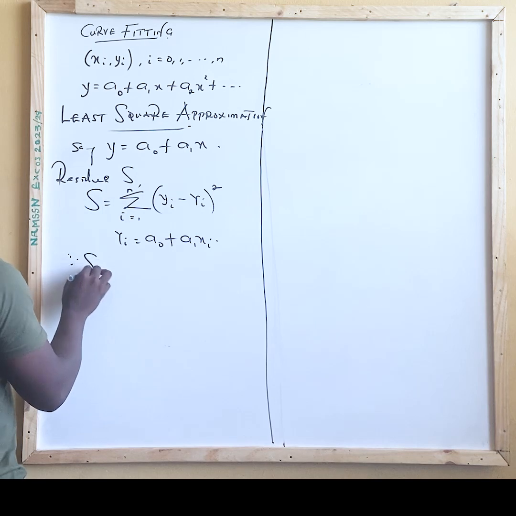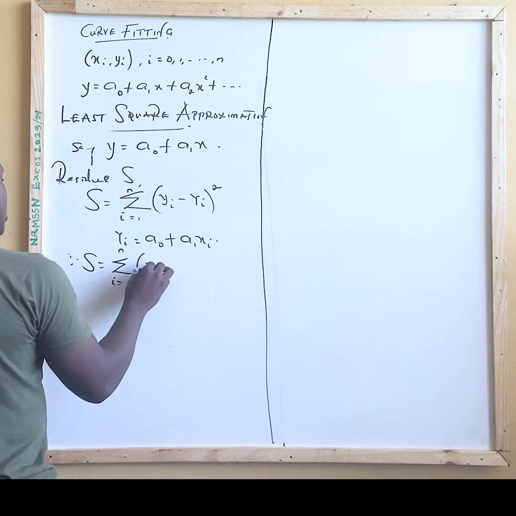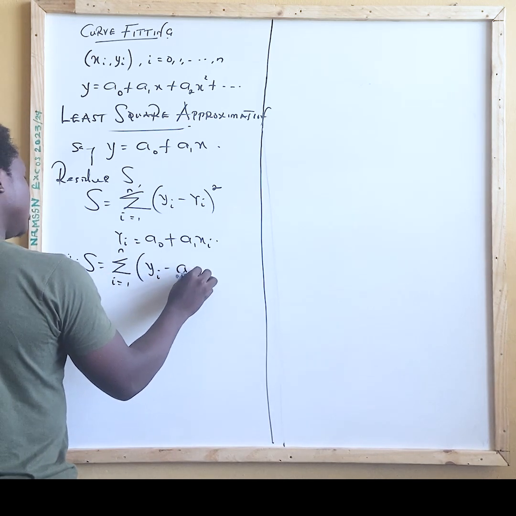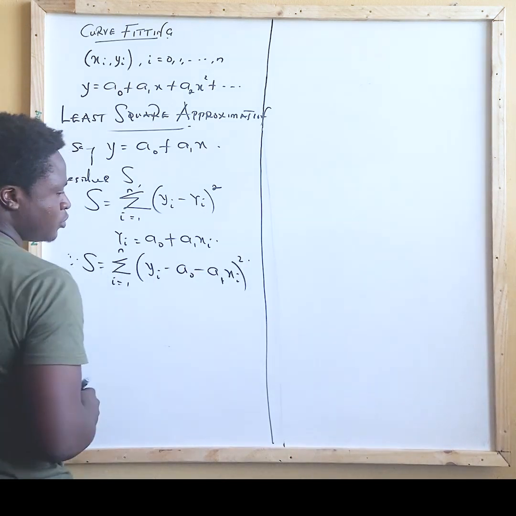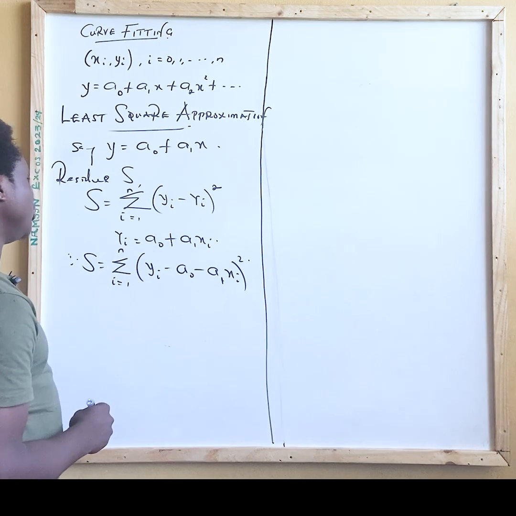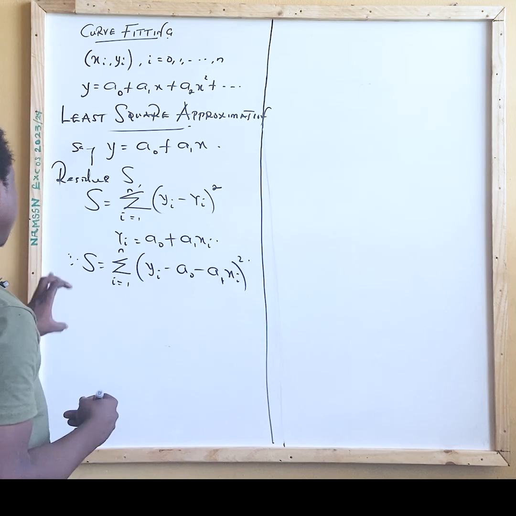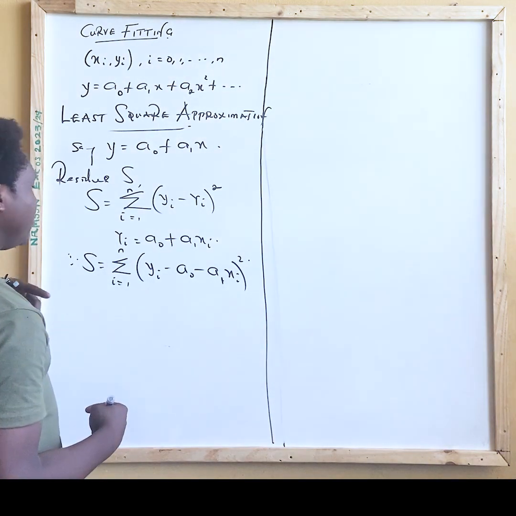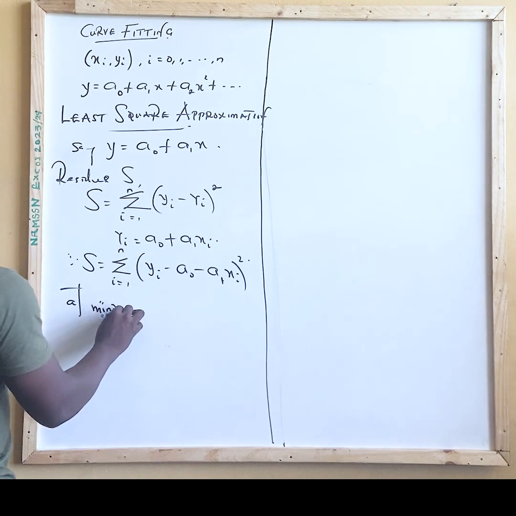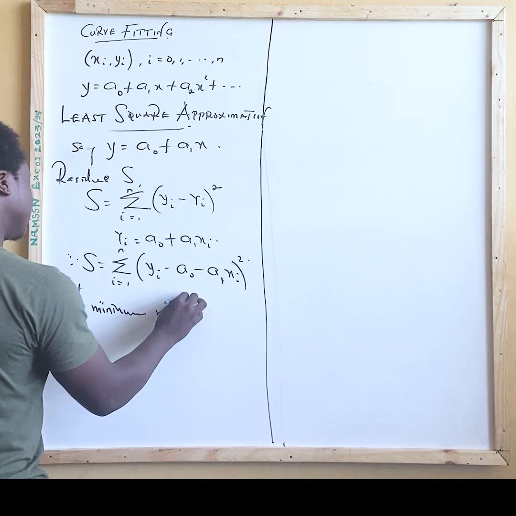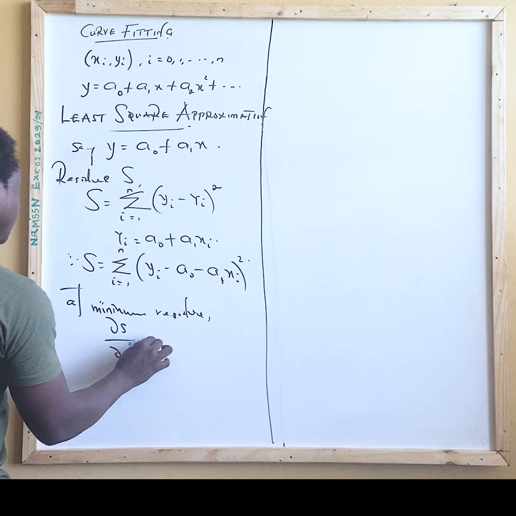So it means that we'll have s equal to summation i from 1 to n of yi minus a naught minus a1 xi, to power 2. Now for us to get the values of a naught and a1, we must minimize our residue. From our calculus, at minimum residue, we know that ds/dai should be zero.